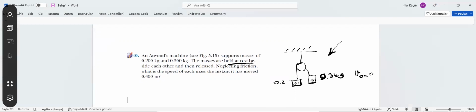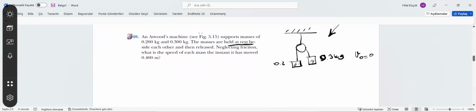Just assume. Okay. And I am here. There's a platform and there's height H, say H. And it says what is the speed of each mass the instant it has moved 0.4.